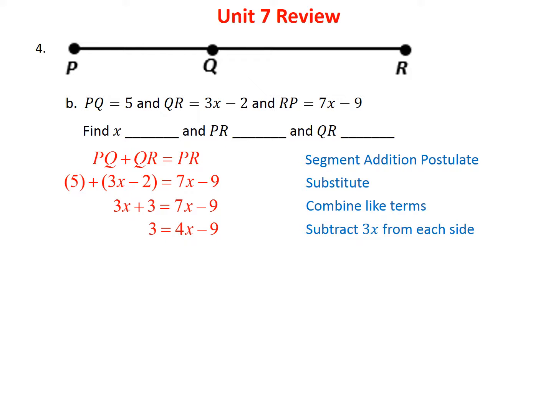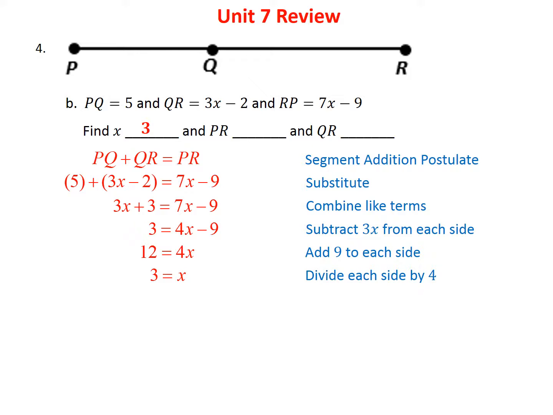It gets rid of it on the left side and gives me 4x on the right side. Now we'll get all the numbers on the left side. So let's undo subtract 9 by adding 9. And we have 12 equals 4x. Our final step, undo the multiplication of 4 times x by dividing. The opposite of multiplication is division. 4x divided by 4. Remember to divide both sides to keep it an equation. And we get x equals 3.